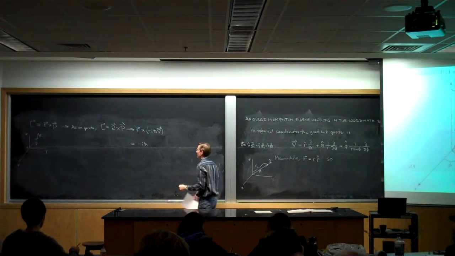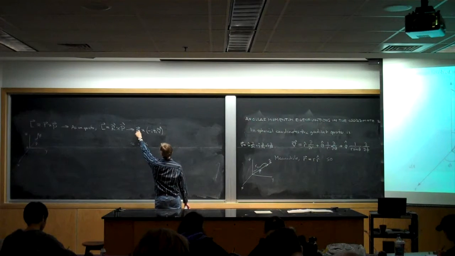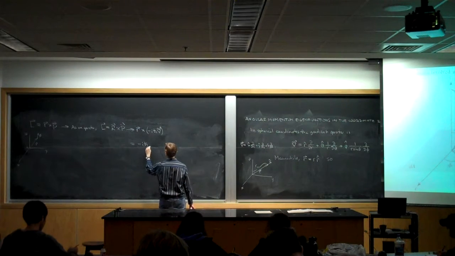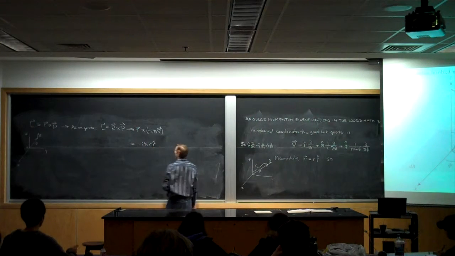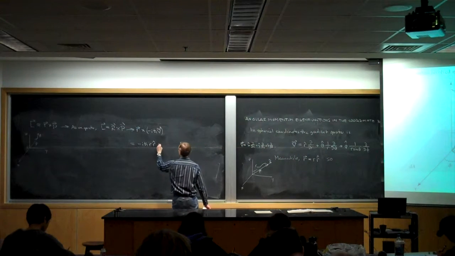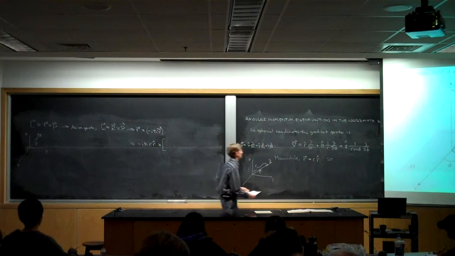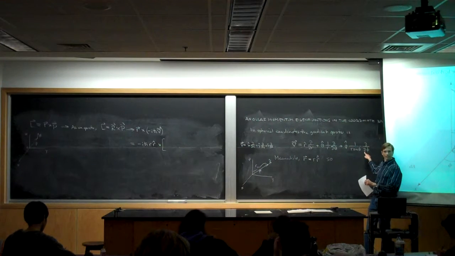So then we take minus i h bar, and then we take r, which in spherical coordinates is r times r hat, and cross it with the gradient vector operator, which is this beast right here.